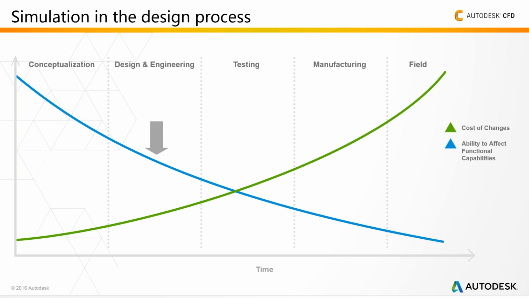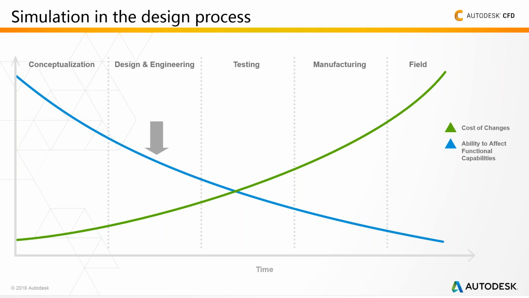So traditionally, the simulation process was done towards the end, after the product has failed, and that's less than ideal. We would like to follow this newer design paradigm where the simulation tools and the simulation techniques are employed early in the design process by design engineers.